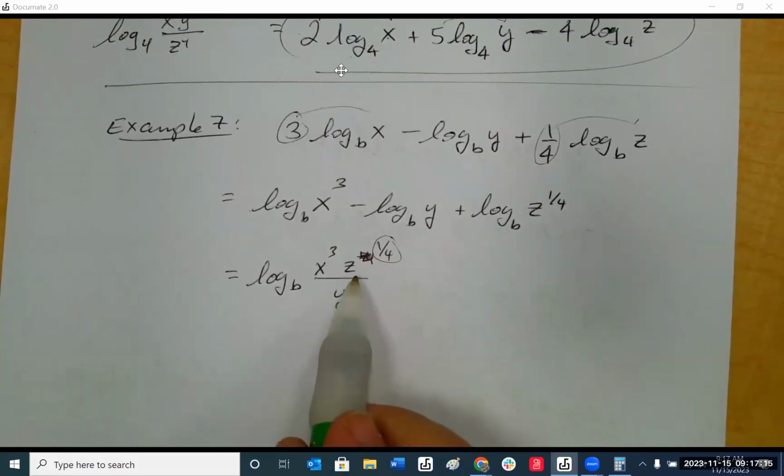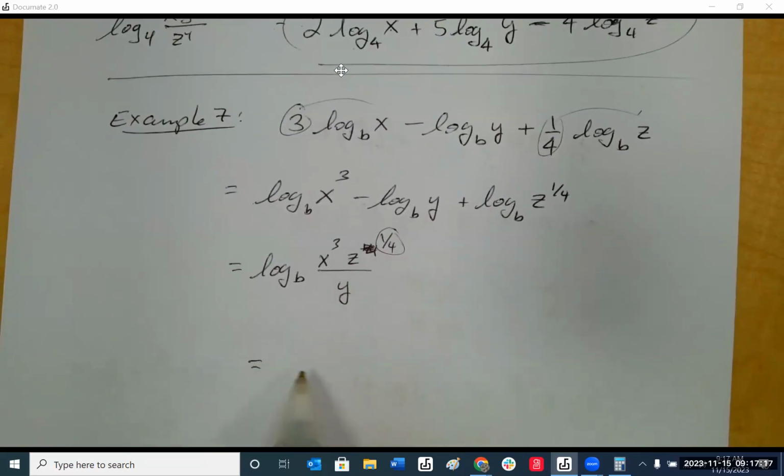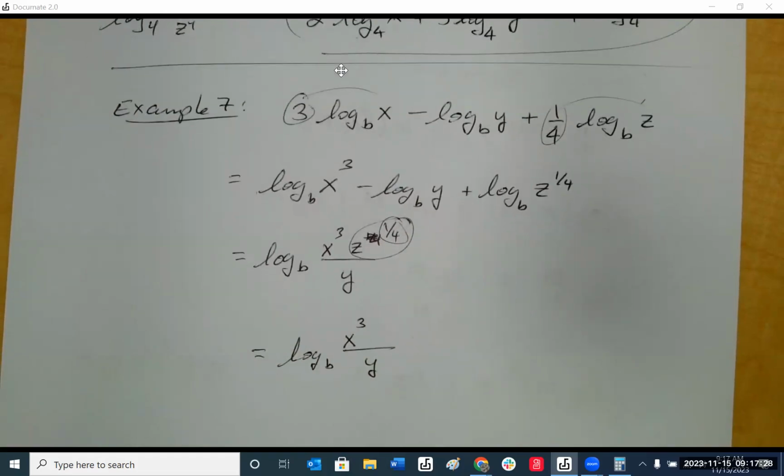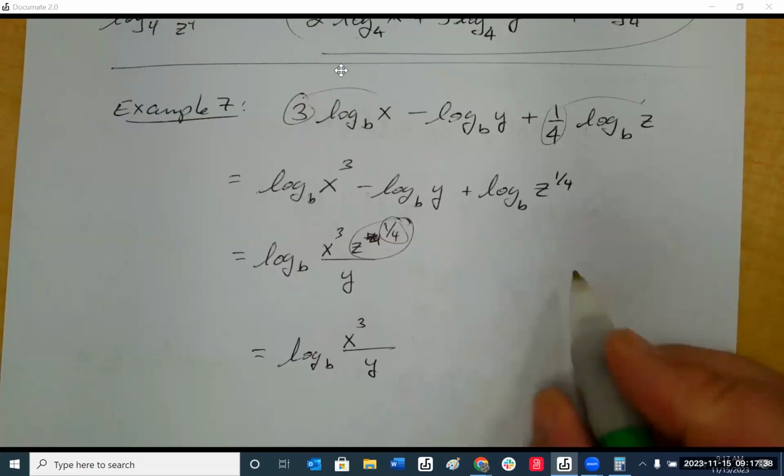So how do you rewrite that one? Remember the rule.